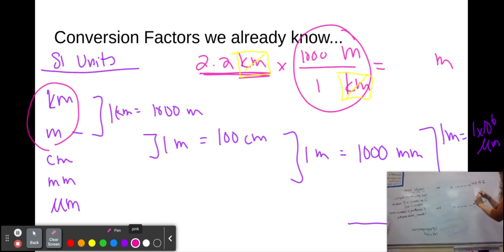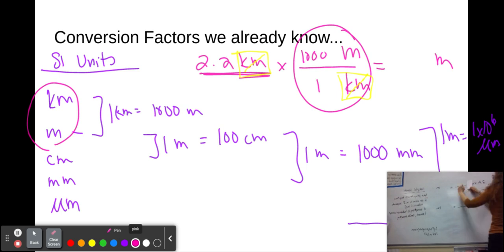Yeah, I do. And then this can help me decide which one goes on the top and which one goes on the bottom, right? If I have kilometers, do I want kilometers on the top or on the bottom? On the bottom, right.